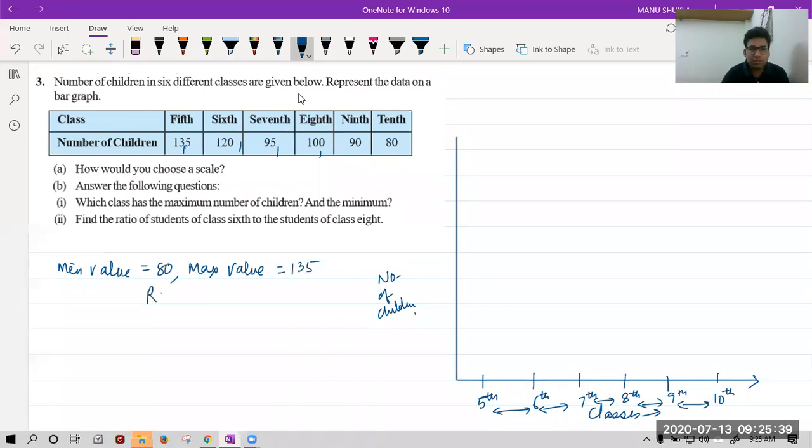So the range is 135 minus 80, that is 55. We have a range of 55. So what do you say? What should be taken as scale?